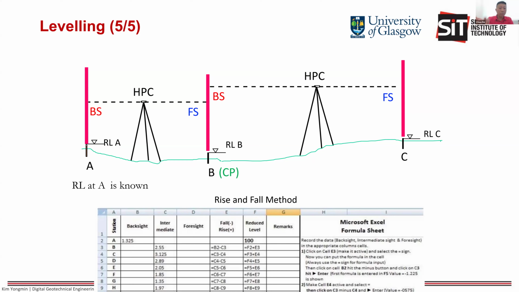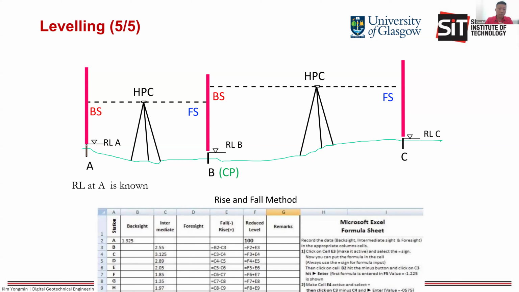And in the other case, from B to C, if you compare the reading at B and the reading at C, B is longer, C is shorter, right? So if you use the backsight reading taken from B minus the reading you get from C, you will get a positive value.